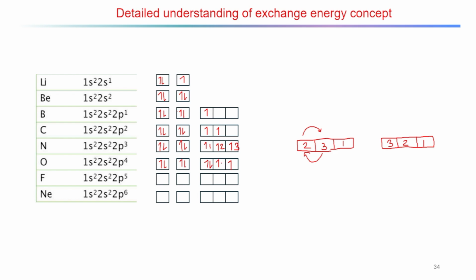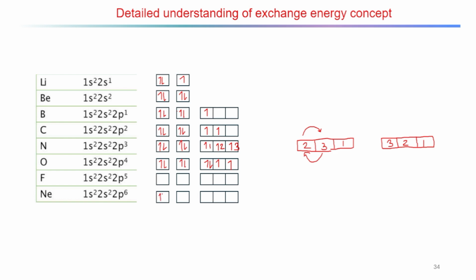Now you might say that still these 3 electrons can change their position, but actually not, because these are paired electrons. These electrons have their interactions, and though these 2 electrons can change their position, the exchange energy actually decreases compared to the nitrogen. Now that exchange energy will increase again in case of neon.